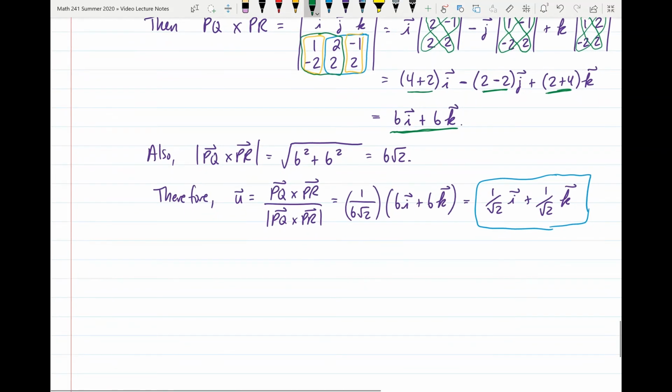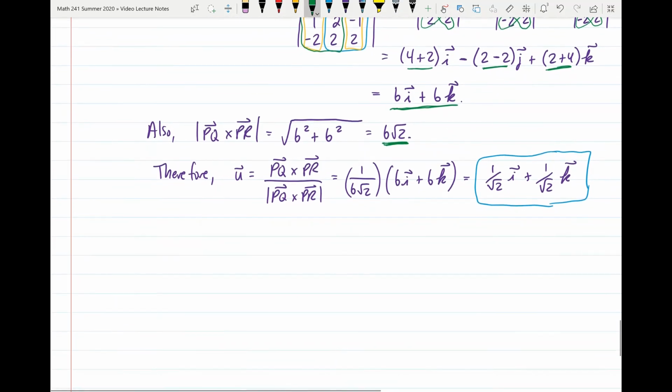And finally, we can find the length of the cross product of PQ and PR. To do that, we're going to take the components that we just found and square them, add them together, and then take the square root. And we end up finding that the magnitude of PQ cross PR is equal to 6 times the square root of 2.